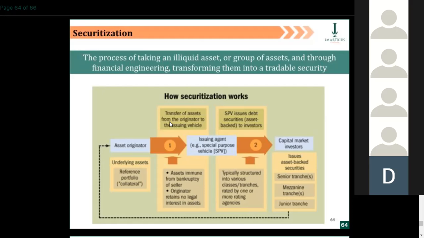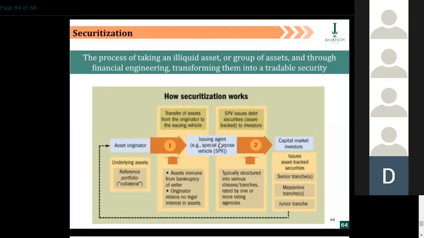So these loans are being sold to this underwriter, this investment bank, right? And once this is done, the investment bank further sells the same loans by making tranches. Different tranches are made, as you can see on this screen.